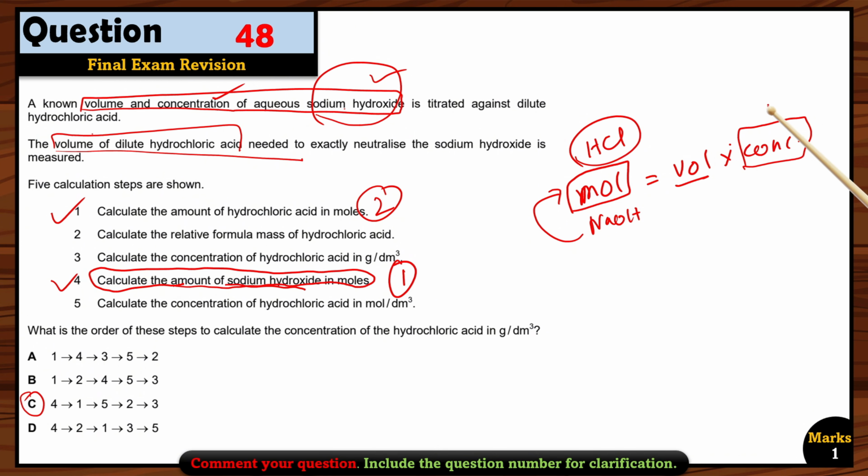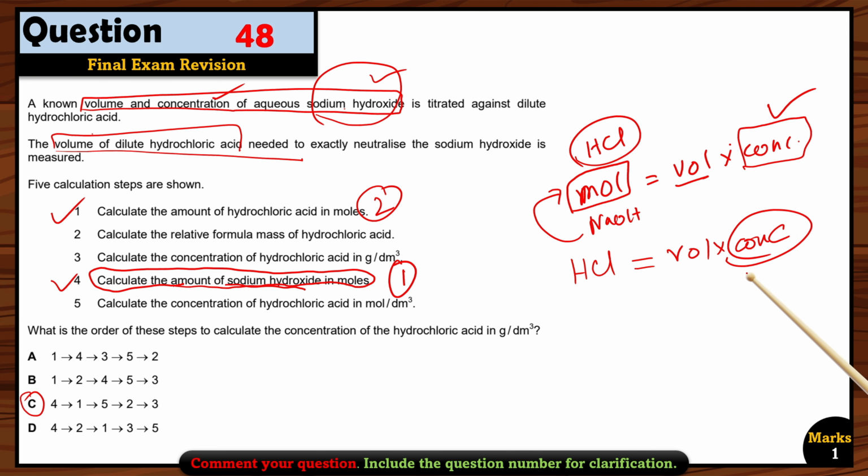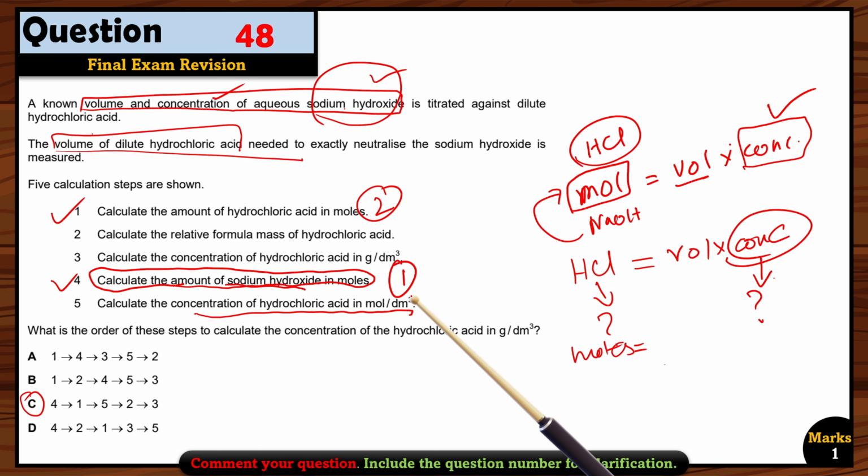Now we can calculate the concentration easily because we know the moles of HCl, right? We can calculate the concentration of the hydrochloric acid in mole per dm cube. So this will be the third step.